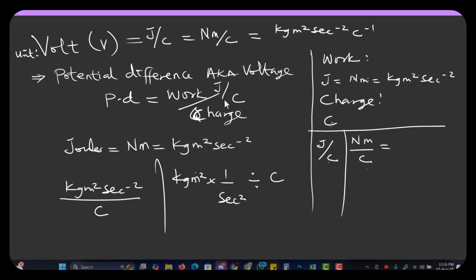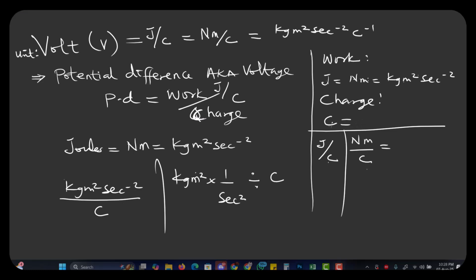Joule per coulomb. But the coulomb has other units now. Since I'm writing the last one, I've written the first one and the second one, this third one has a basic unit in it.